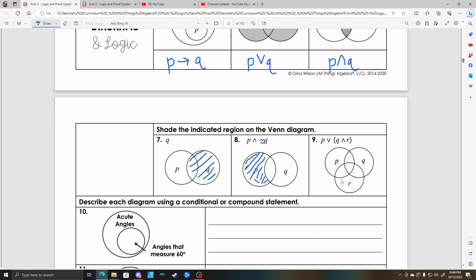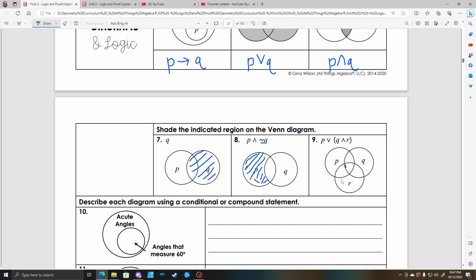Let's do this one. This one looks really fun. So P or Q and R. So first of all, what's the area that contains all of Q and R? Because the or isn't going to cancel anything out, right? It's going to just include everything. So Q and R, the only part that's true for that is this little area here where we have our Q circle and we have our giant R circle.